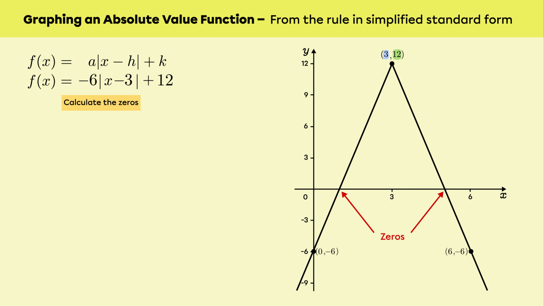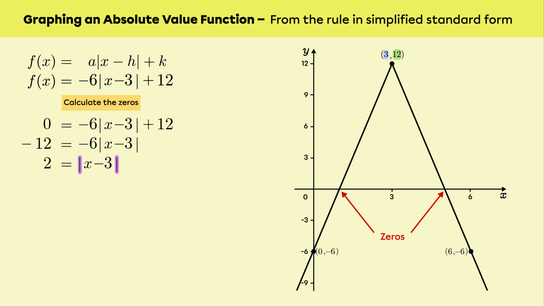To calculate them, replace f of x with 0 and isolate x. Begin by removing the term positive 12. We get negative 12 equals negative 6 times the absolute value of x minus 3. Then, we divide by negative 6, which gives 2 equals absolute value of x minus 3. We are at the point where we need to remove the absolute value brackets.